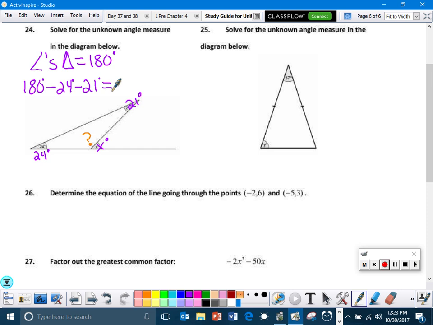What's left is 135 degrees. So this angle is 135 degrees. Well, these two angles are supplementary angles.